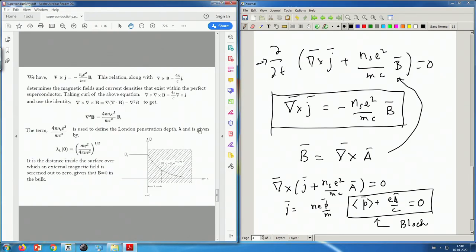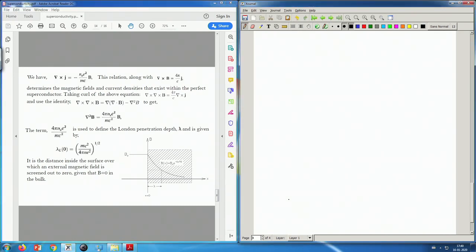Anyway, now we can go further, and what I will do is show you how the magnetic field decays inside a superconductor, explaining the Meissner effect starting from London's equation.